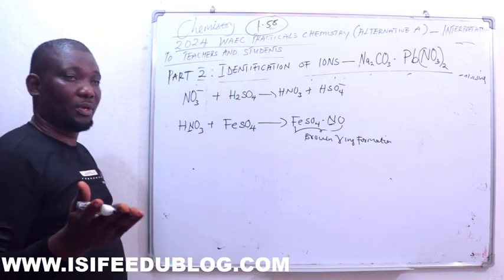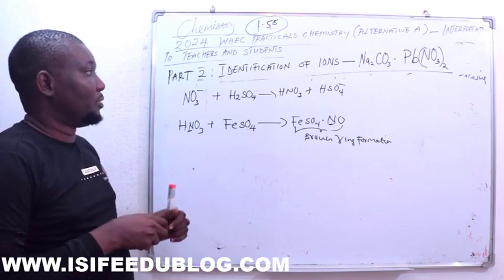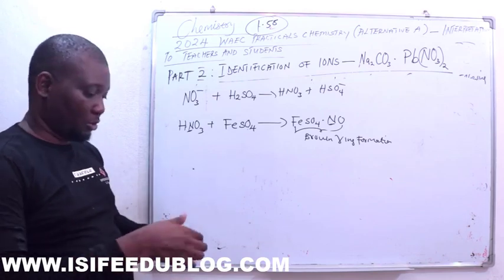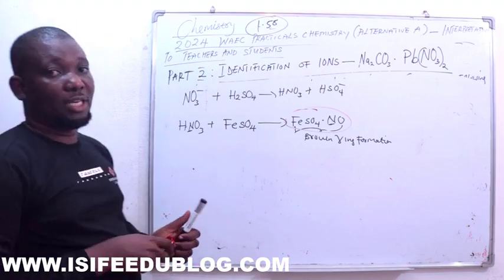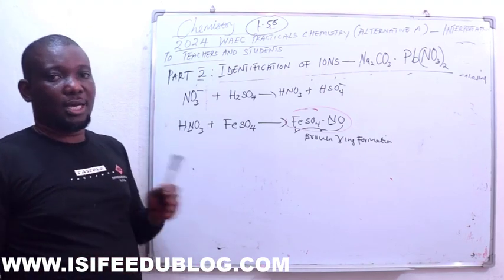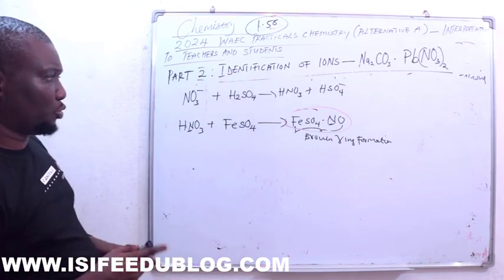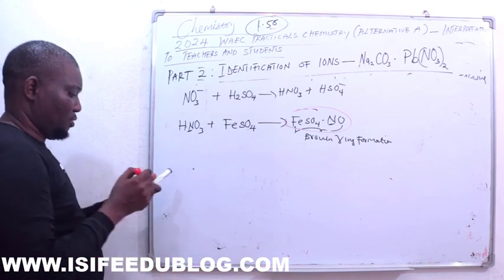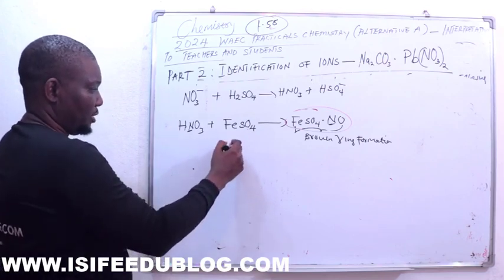You should also be able to know the chemistry of what happened in brown ring formation. The brown ring compound forms at the junction of the two solutions, the acid and the filtrate. Sometimes I suspect that in question number 3 you may be asked to draw what happened in this reaction.